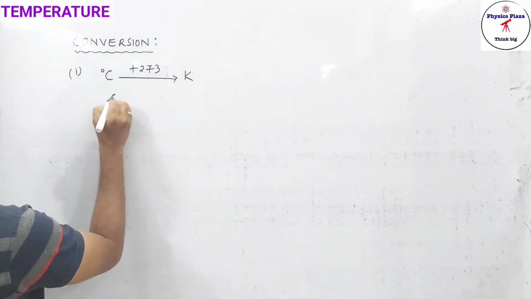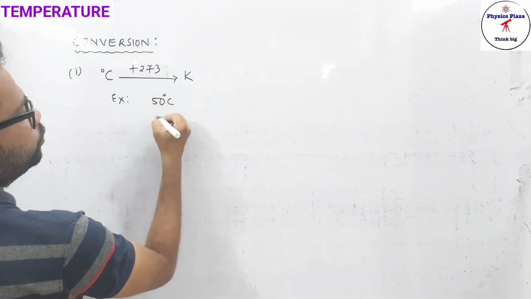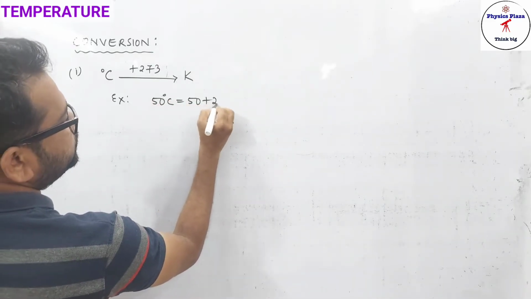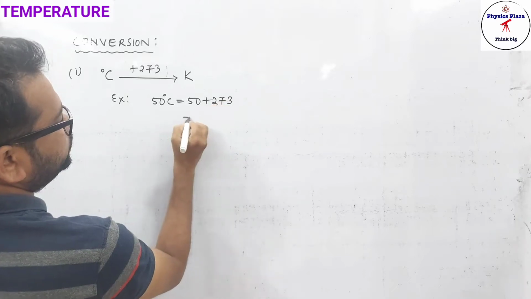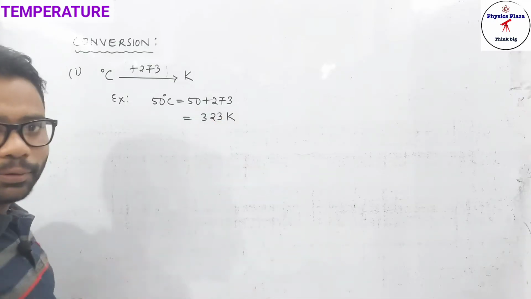For example, you want to convert 50 degrees Celsius into Kelvin. Then 50 plus 273 is going to be 323 Kelvin. Very simple.